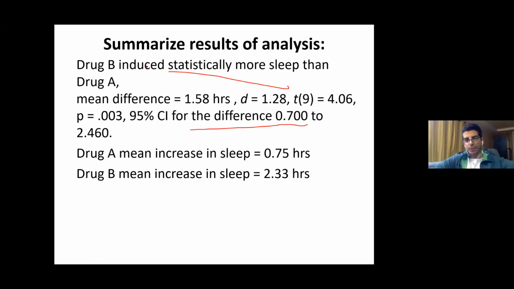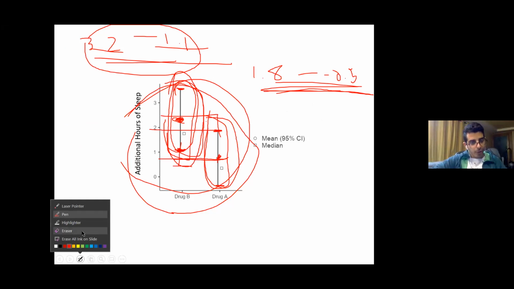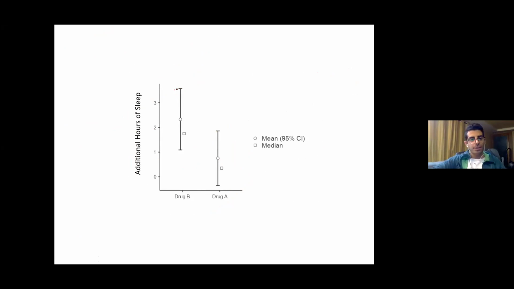Therefore, it is statistically significant when you compare drug B and drug A to each other. And the p-value is less than 5%, which goes with everything we've been saying. And if we go to this graph, this further elaborates everything we've been talking about. This confidence interval does not touch this mean, and this confidence interval does not touch this mean, further showing that it is significant.